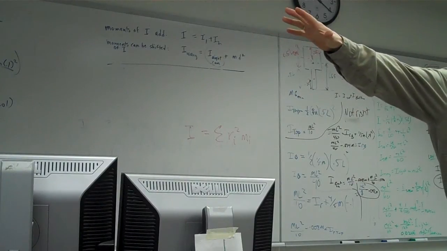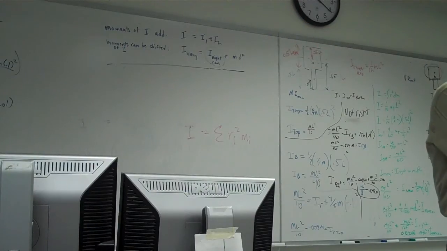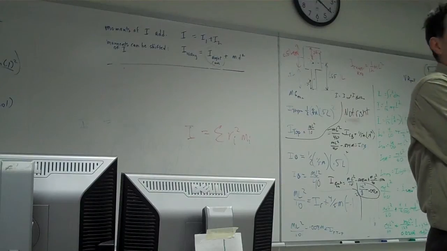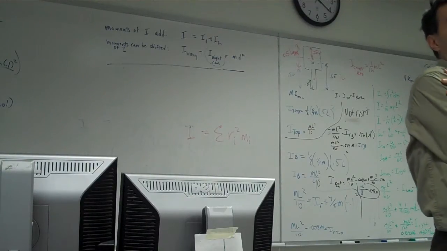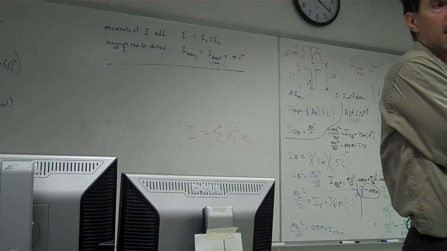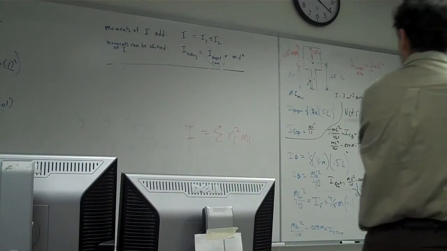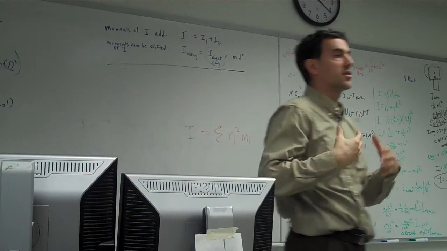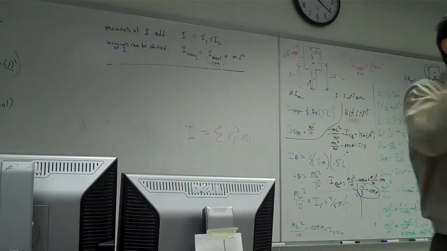So if I am shaped like this, and I pull my arms in towards the center, will my moment of inertia go up or go down? So I start off like this, and I change shape, and now pull my arms towards the center. Will that cause my moment of inertia to go up or go down? Up, so Sean's saying up. So if you look at this formula, Ri squared m. Well, first, does my total mass change as I do this?